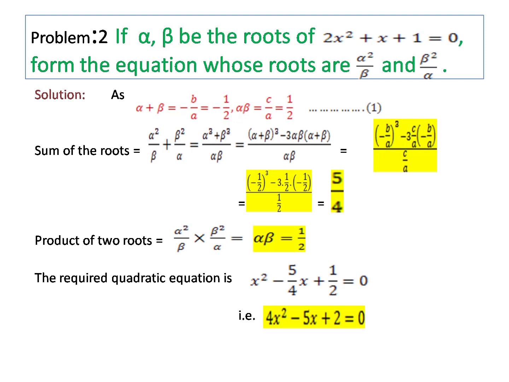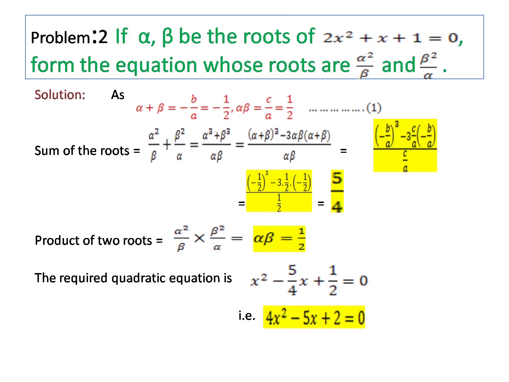Now we have to find the sum of the roots which are given and the product of the roots for construction of the quadratic equation. So the sum of the roots is alpha square by beta plus beta square by alpha.